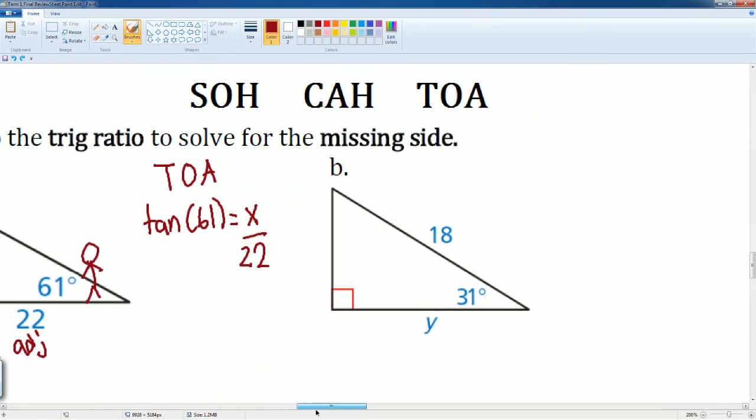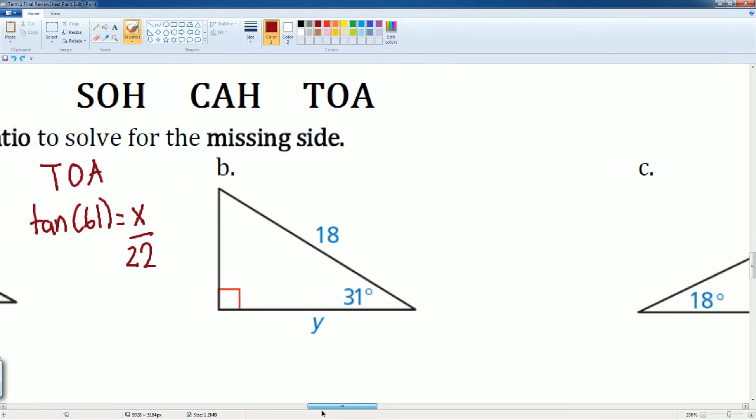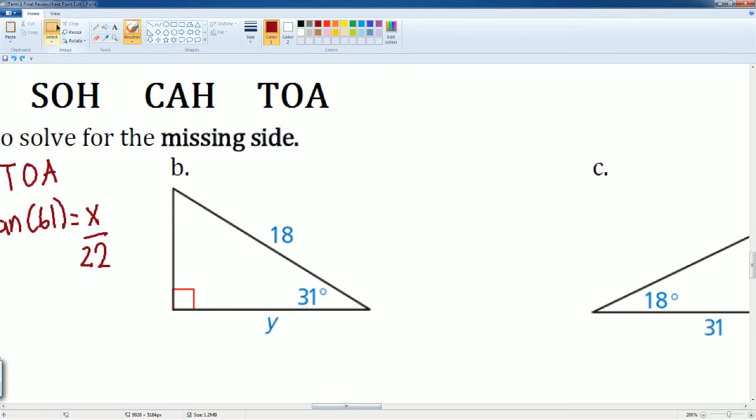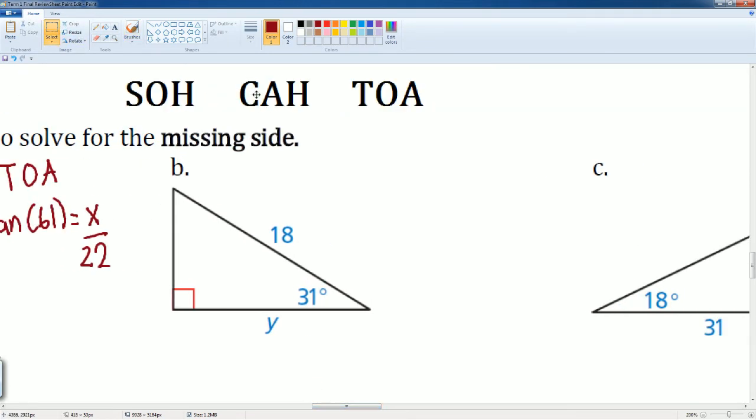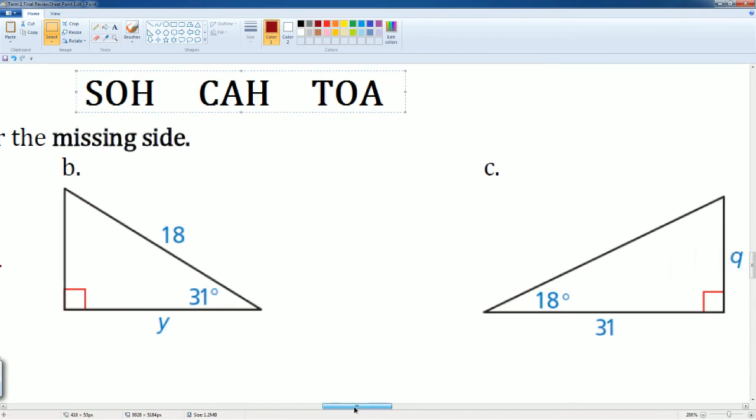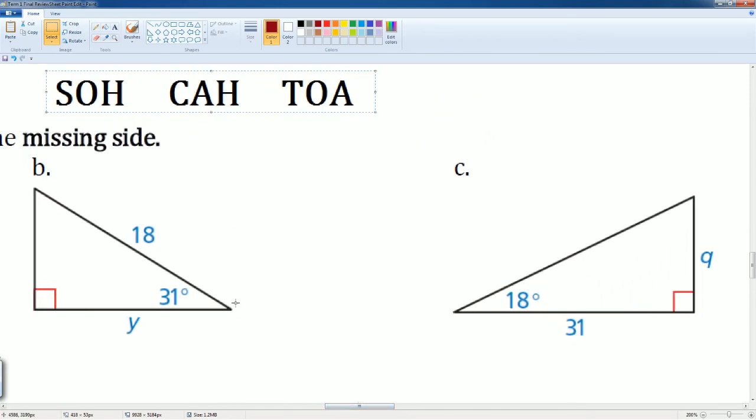Okay, let's look at B. Let me just bring this over so we can take a look at it. So B, start drawing the triangle. Y is my adjacent because that is my closest one. 18 is the longest one here, so this is the hypotenuse.